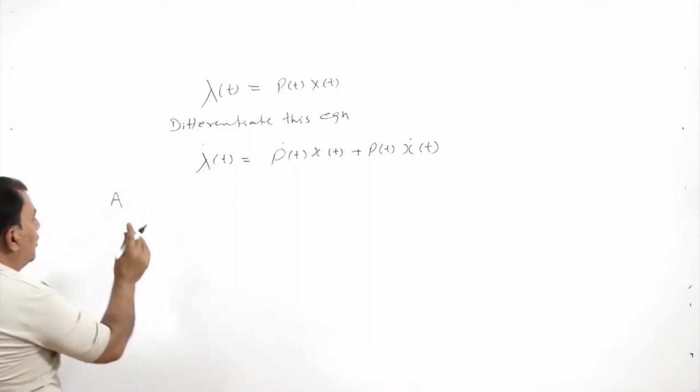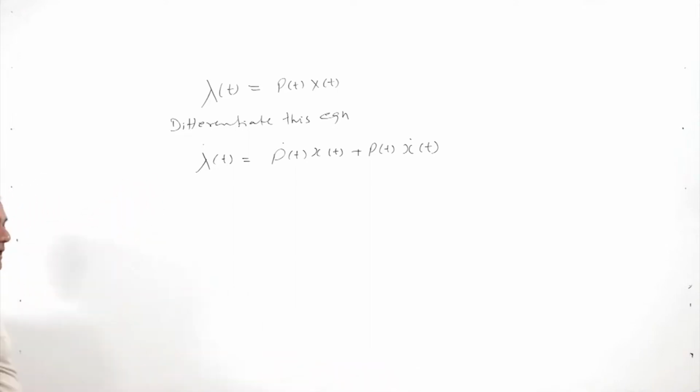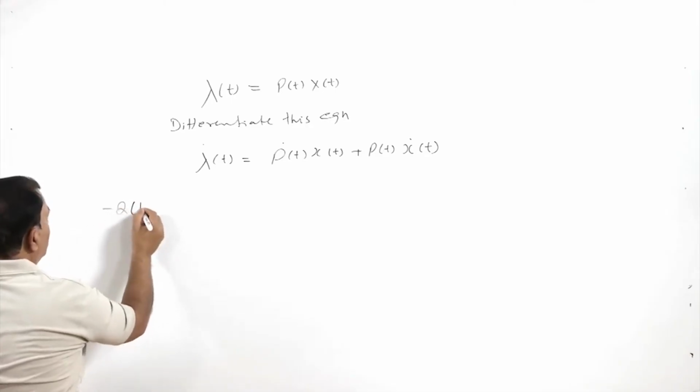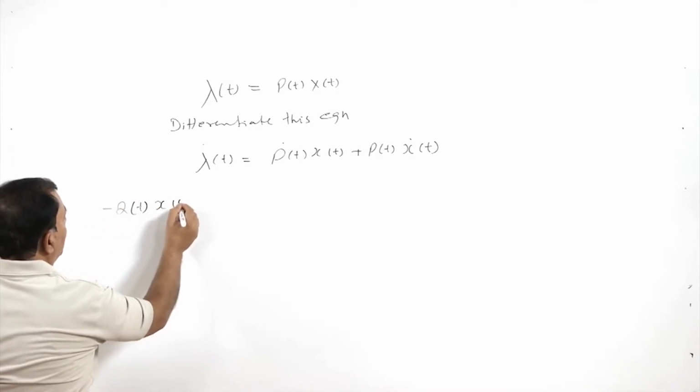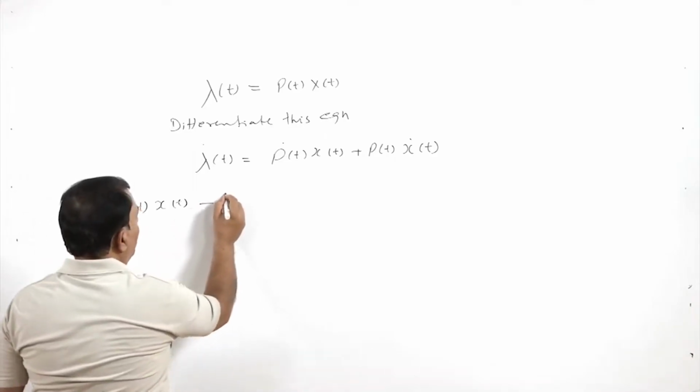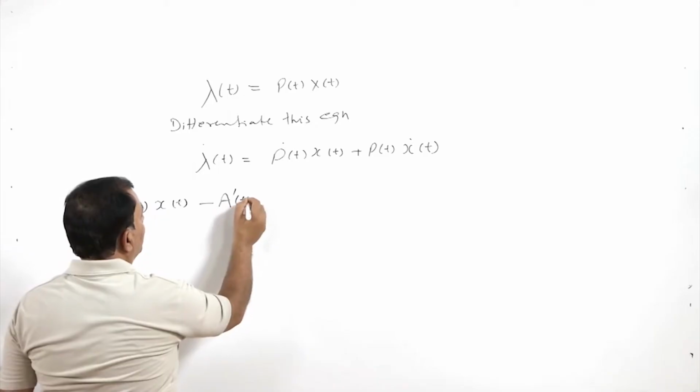So, what is my lambda dot(t)? Lambda dot(t) is minus Q(t) x(t) minus A transpose P(t) x(t).